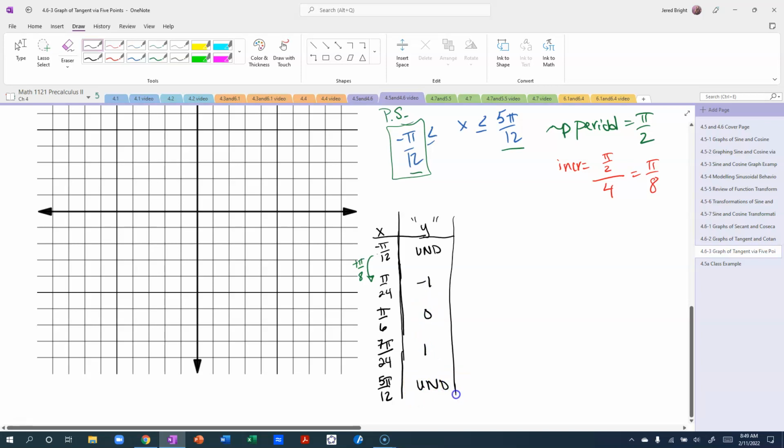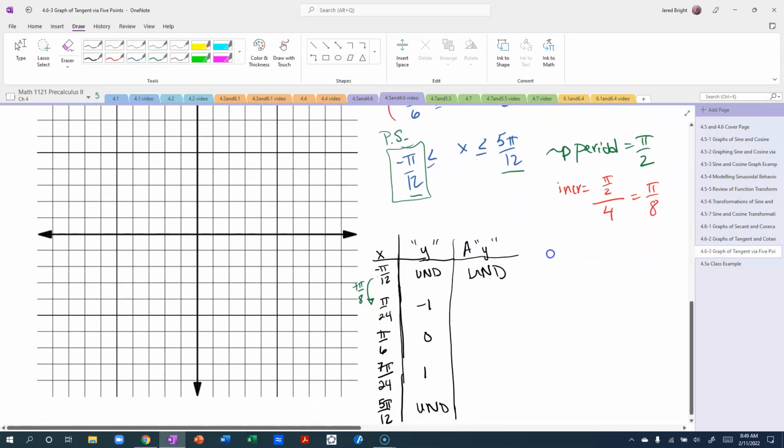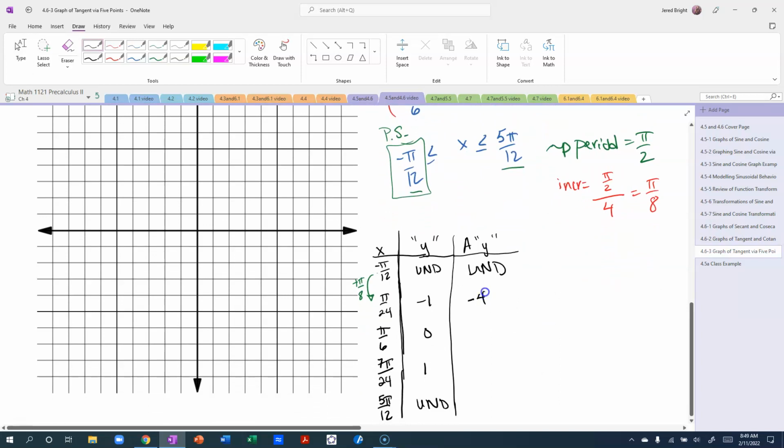Okay, so these are the y values we initiate things to, and then we follow the same procedure of taking a times y. You multiply something by undefined and you still get something that's undefined. And a here is 4, so I just have to take -1 times 4, which is -4, 0, and then 4, and then undefined.